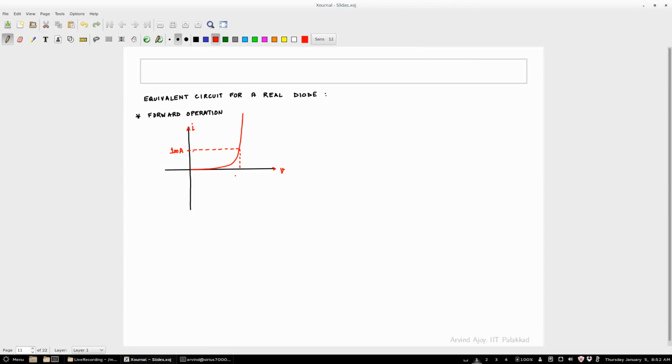I can justify that. So I find out the voltage at which the current reaches this value, this is the voltage, this is the current, and this is designated as V gamma, and this is called the cut in voltage.